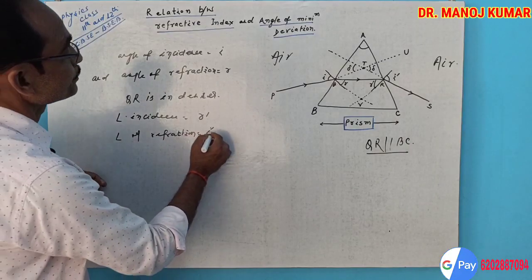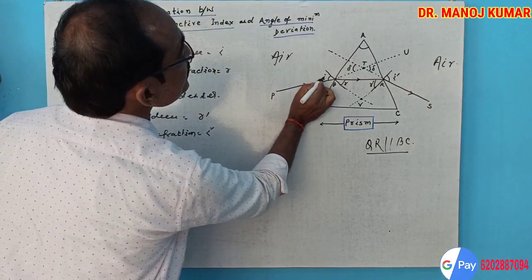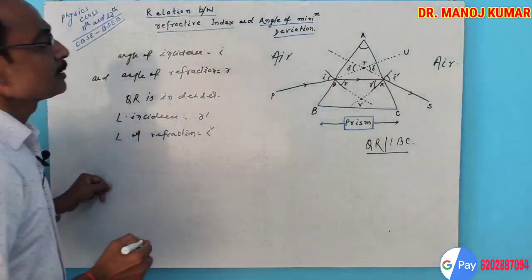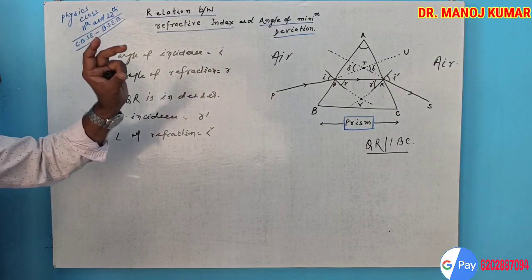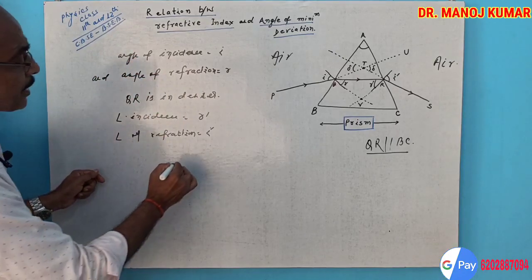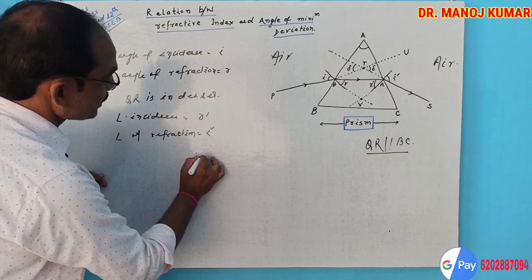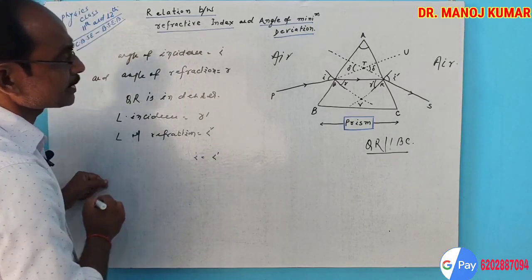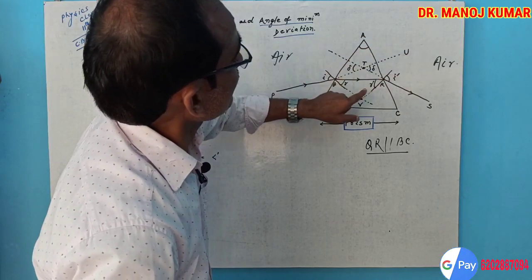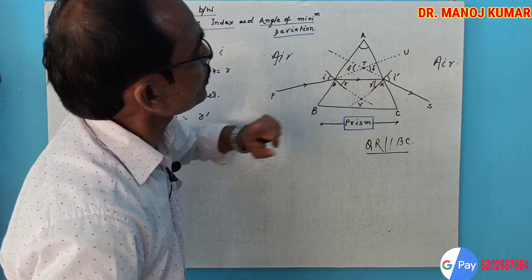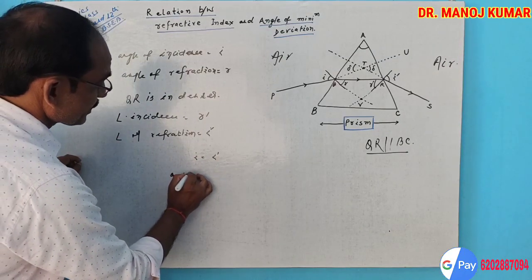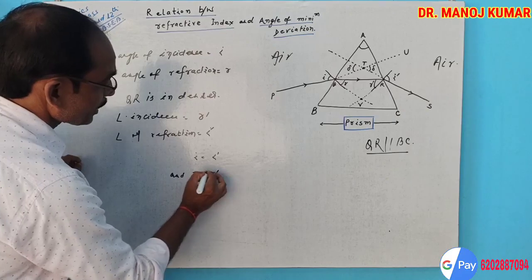Here, this angle and this angle are related: I equals I dash. This angle is equivalent to this angle, and this angle is equivalent to this angle, and R equals R dash.